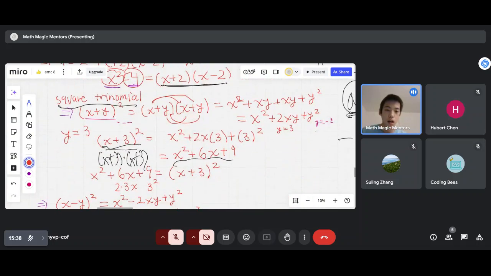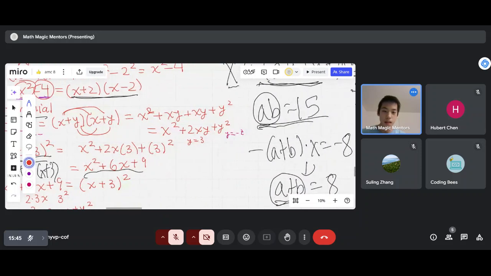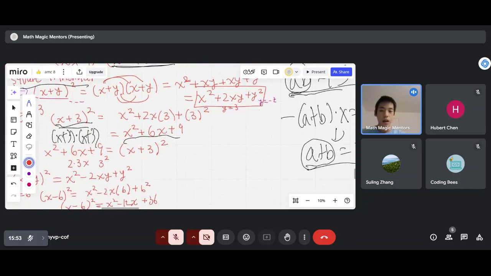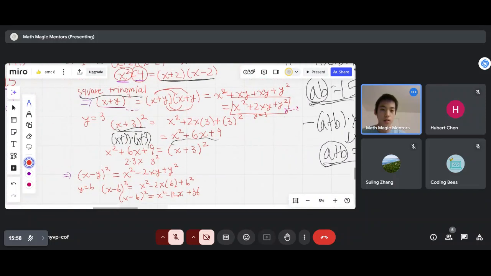Same thing with this factorization, x plus y squared, which will give us x squared plus 2xy plus y squared. Again, you can substitute values in for y. It's kind of the same thing for x minus y squared, except you're switching the sign of the 2xy term.